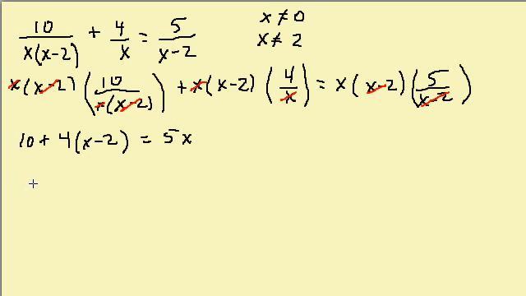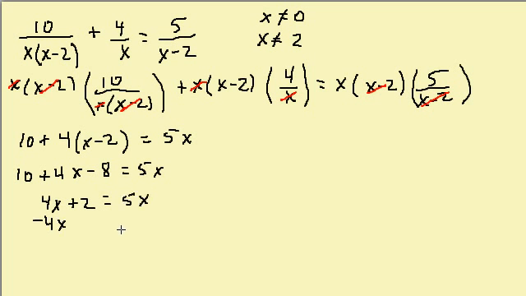Now I need to solve this, so I'm going to distribute the 4. So I have 10 plus 4x minus 8 equals 5x. I get 4x plus 2 equals 5x.